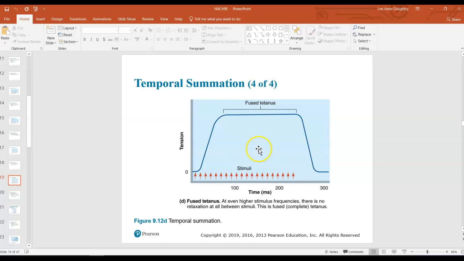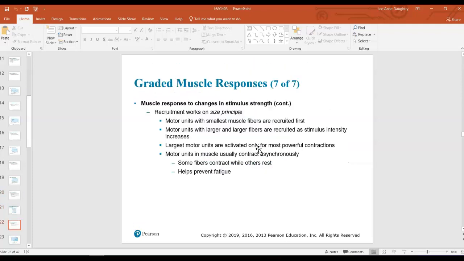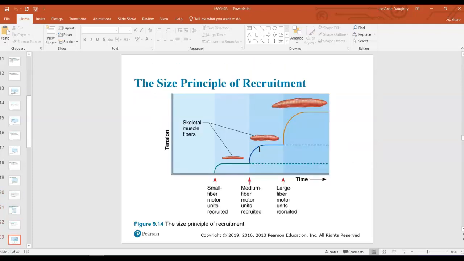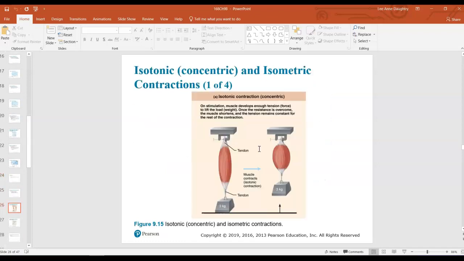This is complete tetanus or fused tetanus. I normally hear that the term complete tetanus is when the twitches add up and there's no relaxation between twitches. So I saw some questions about that.